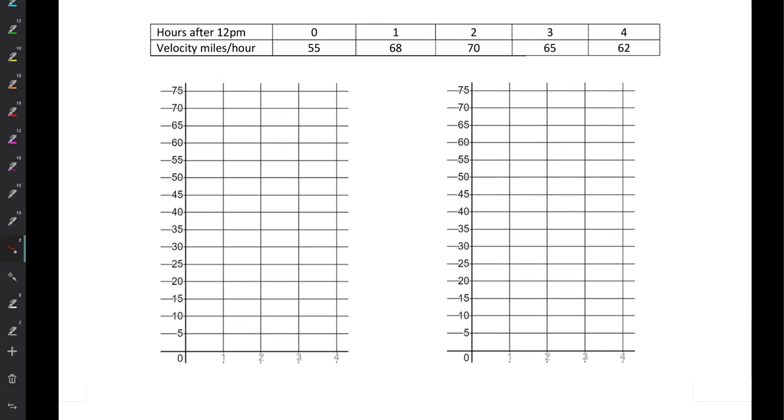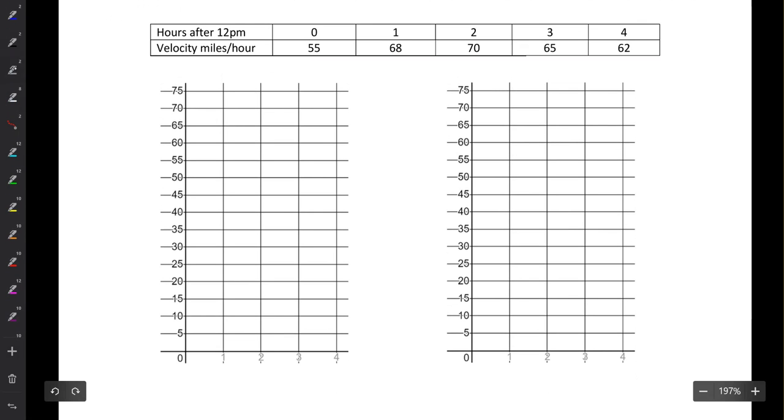Let's go ahead and graph that. If this is my time axis, T hours, and it's really after that 12 noon. 0 hours after noon, you look down right at noon and you see that you're going 55 miles an hour.